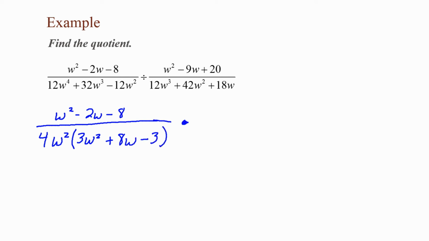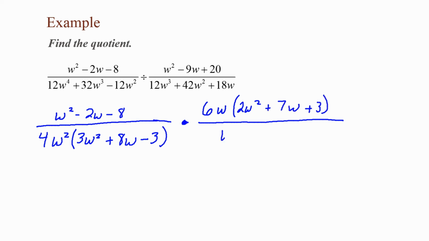So that's times my 12w to the third plus 42w squared plus 18w, which is going to move to the top. 12, 42, and 18 have a common factor of 6. W to the third, w squared, and w have a common factor of w. That leaves me with 2w squared plus 7w plus 3. And then I have w squared minus 9w plus 20 on the bottom.